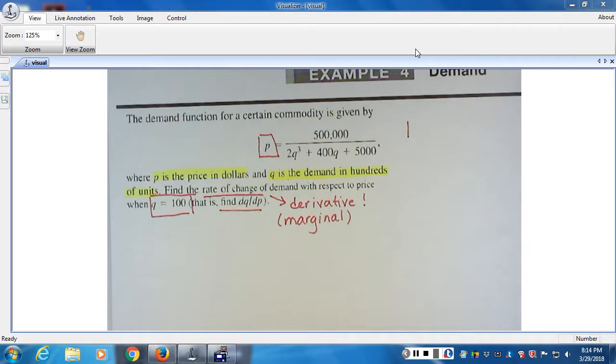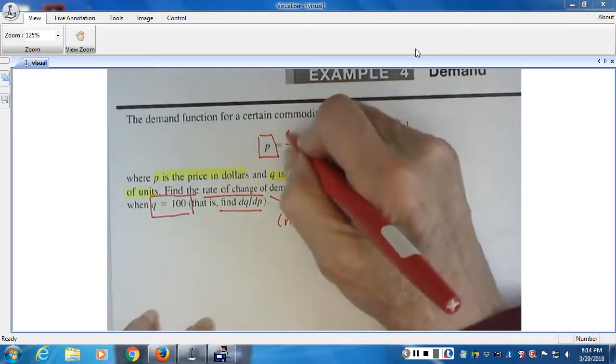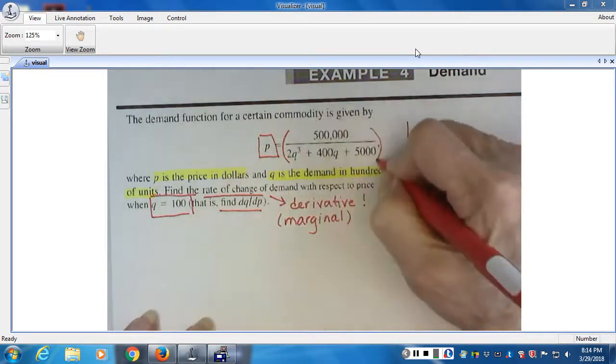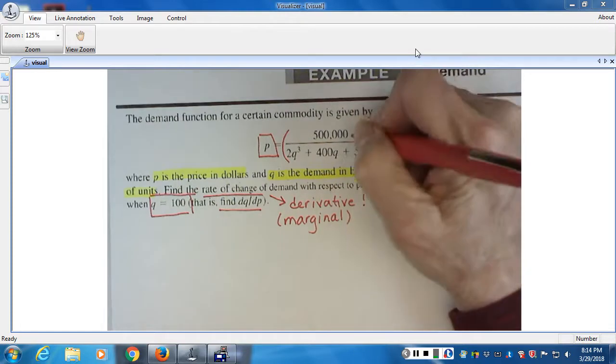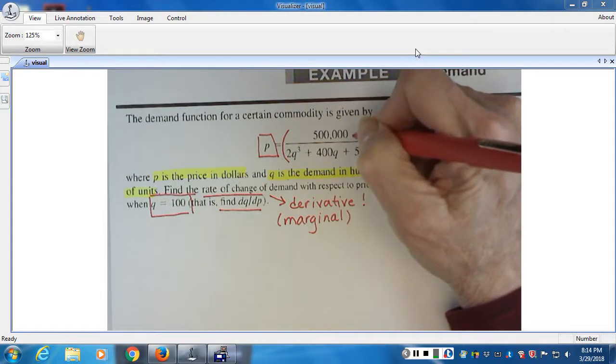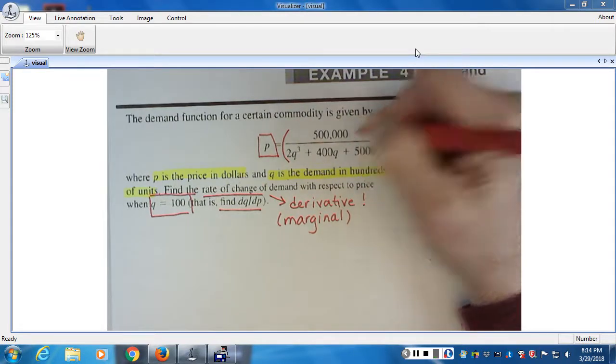Then we need the derivative of this. And you would probably be tempted to say, I could do quotient rule with that, but I wouldn't. The reason I wouldn't do it is because you don't have any Q's in the numerator. So I wouldn't do quotient rule.